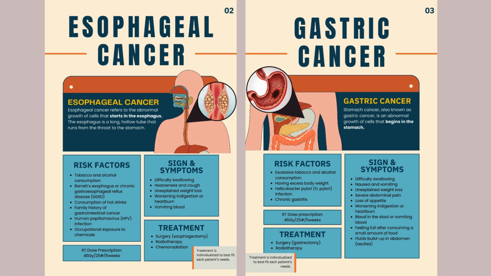The treatment options for gastric cancer are surgery, which is gastrectomy, and radiotherapy. The radiotherapy dose prescription for gastric cancer is 45 gray in 25 fractions over 5 weeks. Please note that the treatment is individualized to best fit each patient's needs.